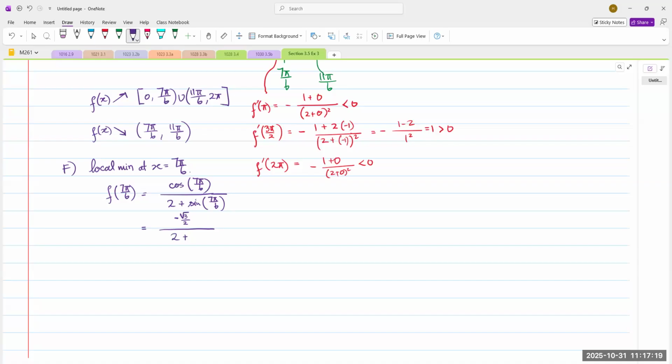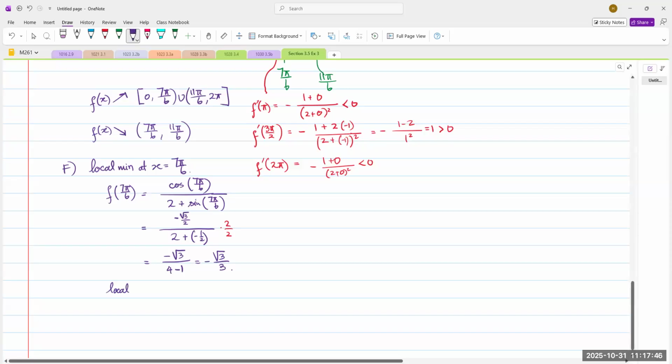And sine 7 pi over 6 is negative 1/2. Multiplying top and bottom by 2, that will give me negative radical 3 over 4 minus 1. So negative radical 3 over 3. So that's the local minimum value.